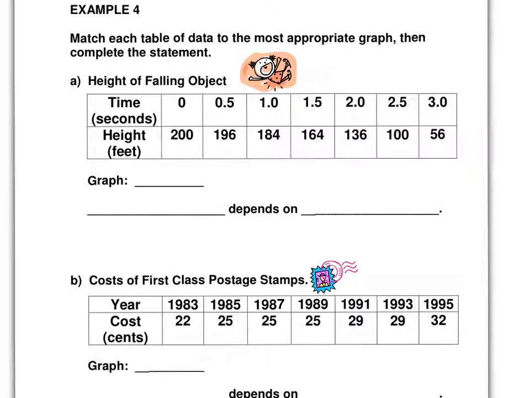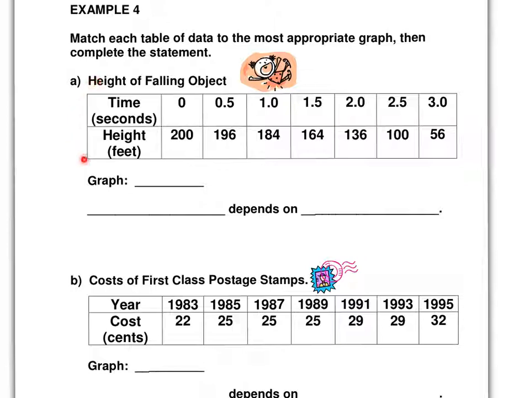All right, for example 4, you have 2 graphs. So I'm now going to show you these 2 graphs. You're going to look at the data in the table, and you're going to match the table to a graph, and then you complete the statement. You're going to look at the independent and the dependent variables.